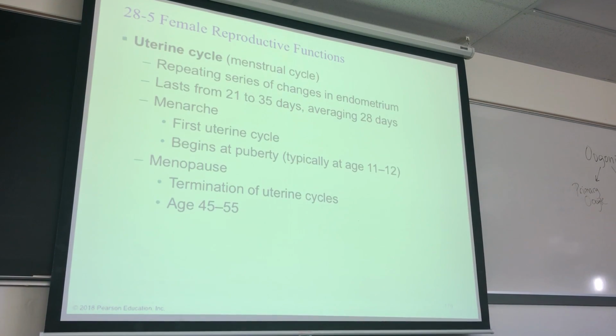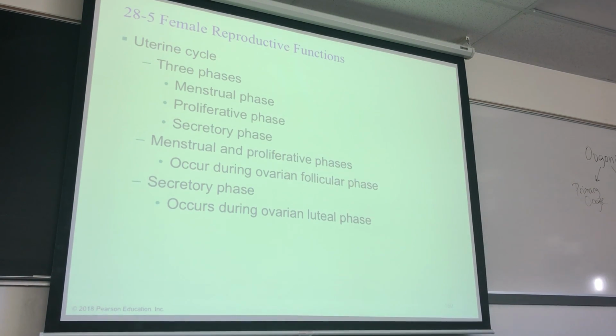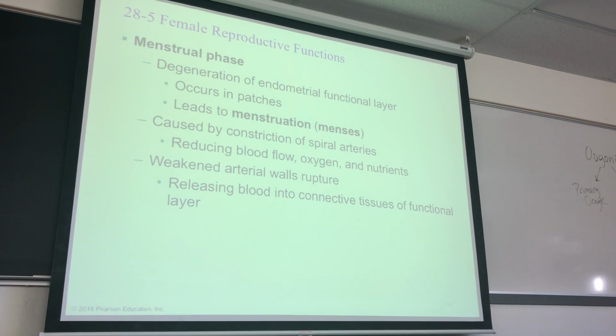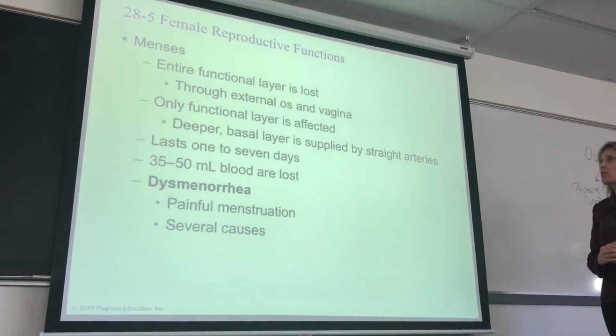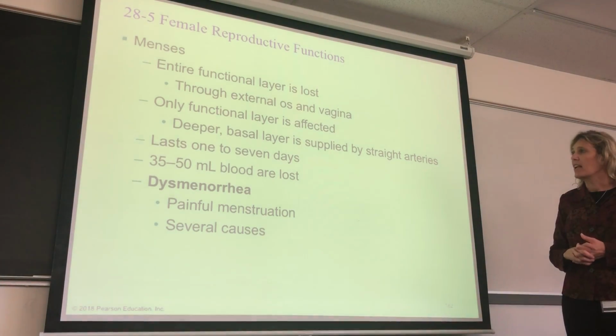All right, then coinciding with that, the menstrual phase, like I said again, that is day 1 of bleeding. Most of the time that lasts 1 to 7 days. Menses, the bleeding portion of it, where the endometrial lining is shed, lasts 1 to 7 days.